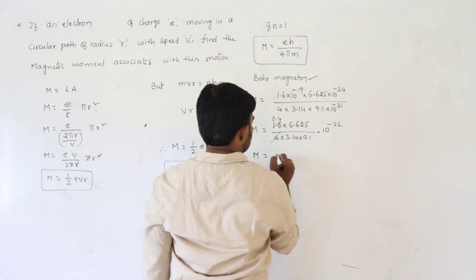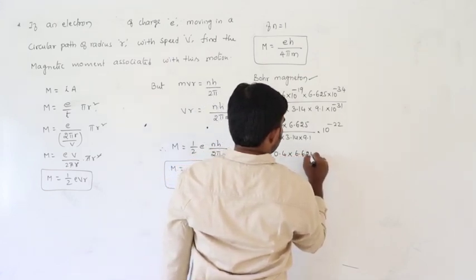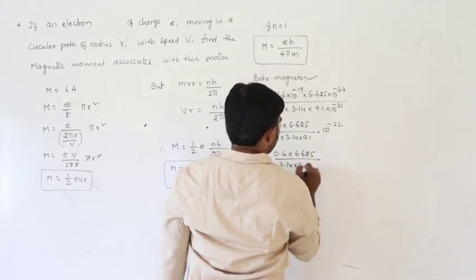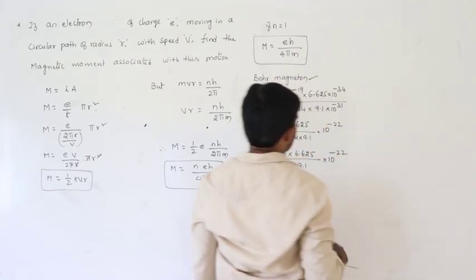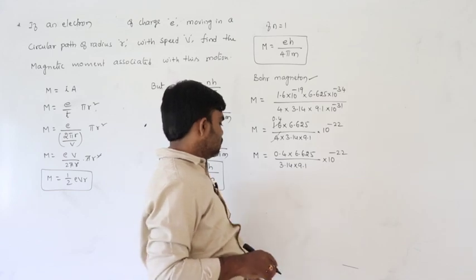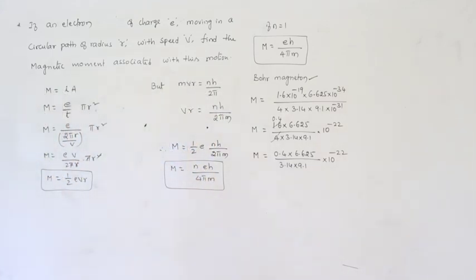So M is equal to 0.4 into 6.625 divided by 3.14 into 9.1, into 10 to the power of minus 22. So this value is constant.